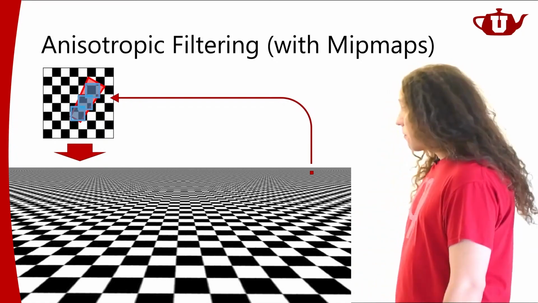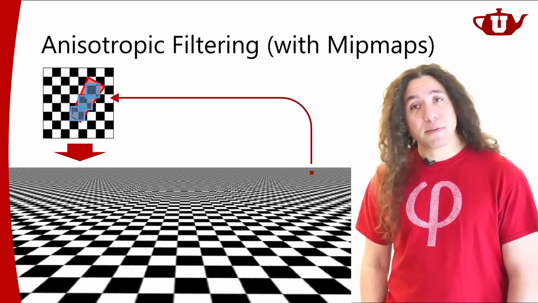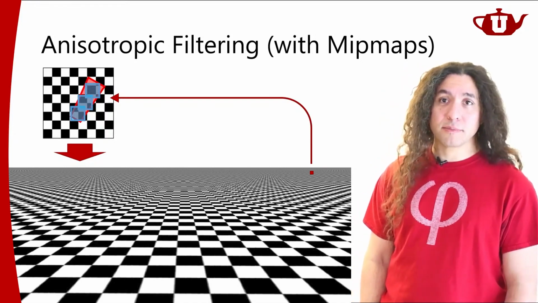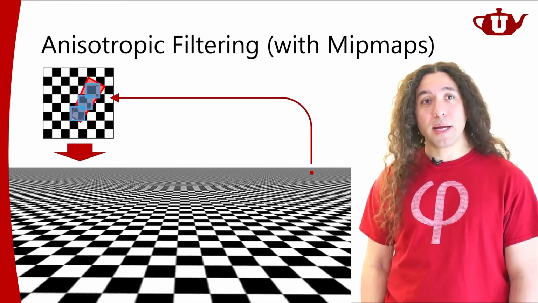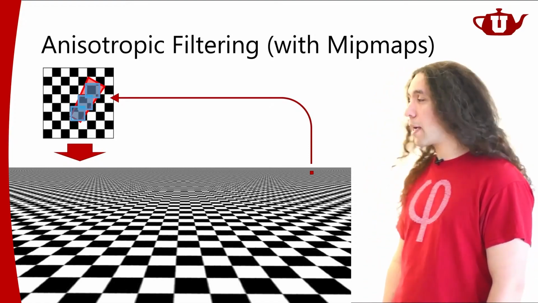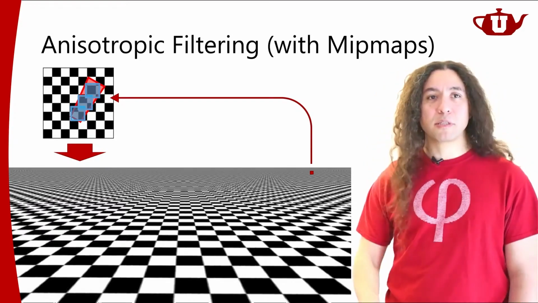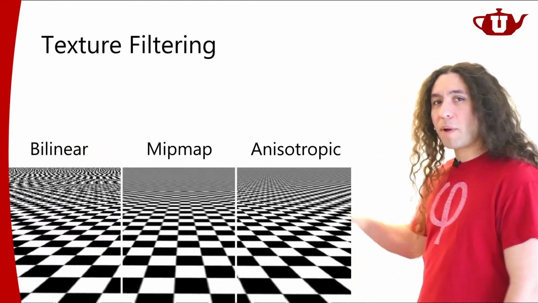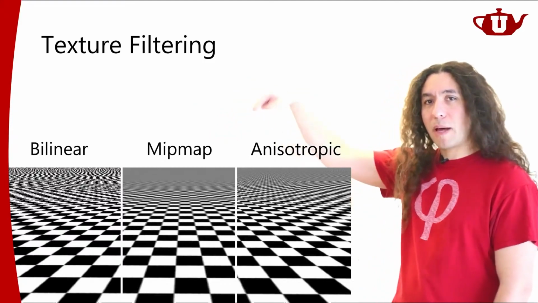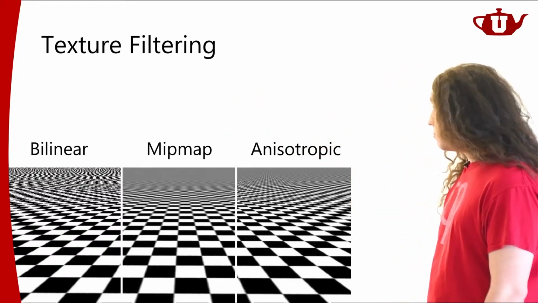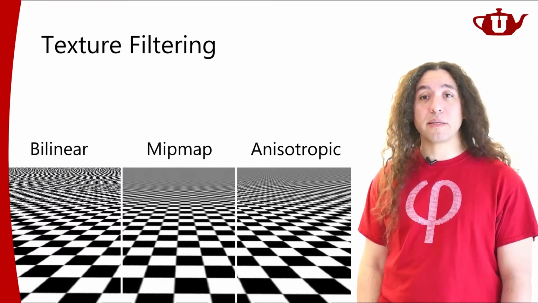So with anisotropic filtering, what I'm effectively doing is multiple trilinear filtering operations using mipmaps. And by doing multiple trilinear filtering operations, I can provide a better approximation. And in the end, as you can see, comparing bilinear filtering to mipmapping to anisotropic filtering, I can get a much better texture filtering quality.